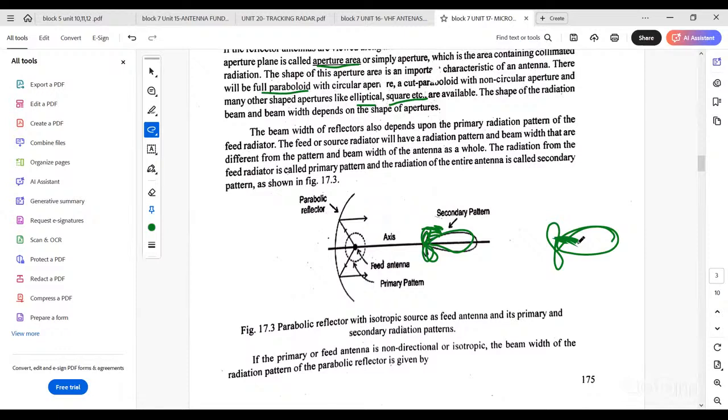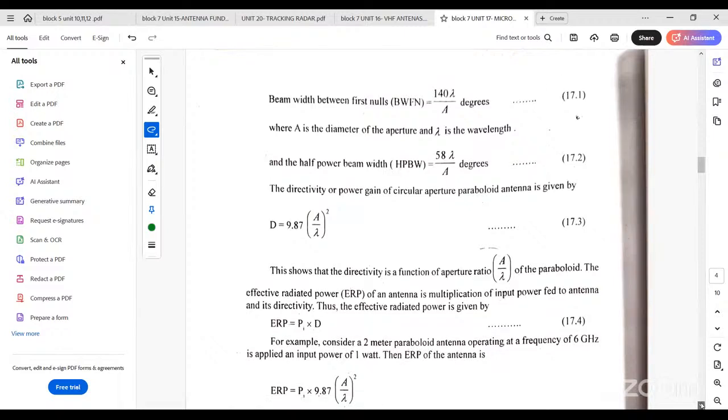What is the formula for the beam width for the first null? It is 140 lambda by a. 140 lambda by a. Next, another formula, half power bandwidth. What is the formula for half power bandwidth? 58 lambda by a.